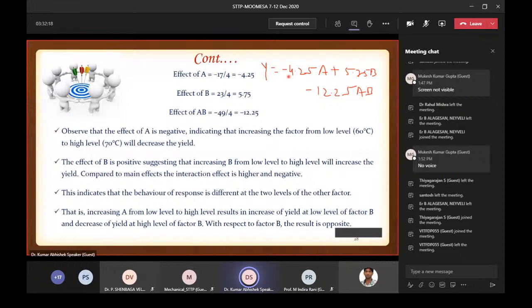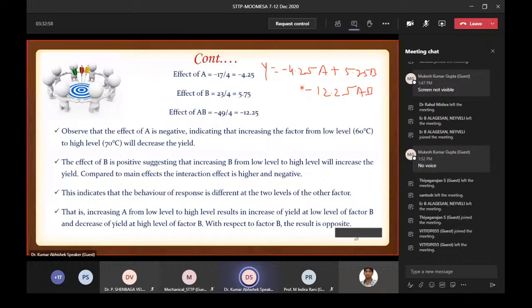What does it mean that this slope comes as negative? The slope of A is negative. It means that whenever you increase the value of A from low to high, definitely the yield is going to decrease. ठीक है? ये नेगेटिव साइन क्या इंडिकेट कर रहा है कि जब हम A की वैल्यू लो से हाई की तरफ जाएंगे तो हमारा जो यील्ड होगा इट इज गोइंग टू बी डिक्रीज.